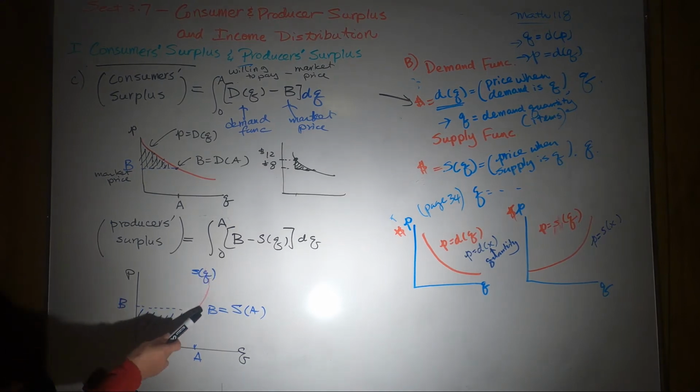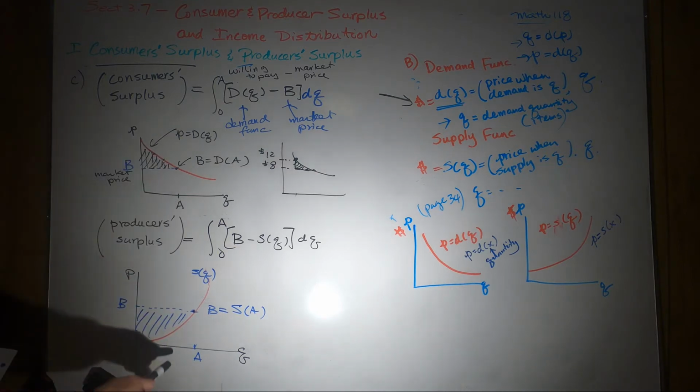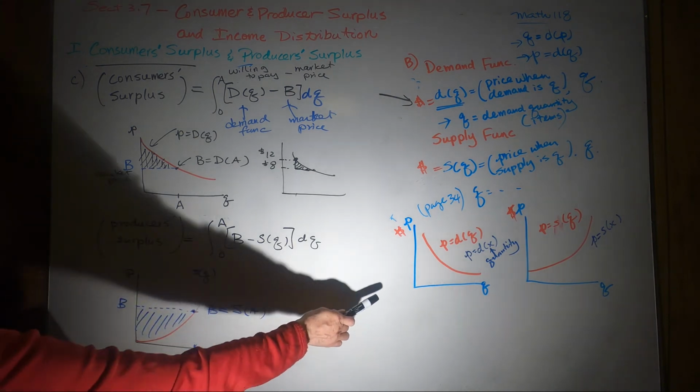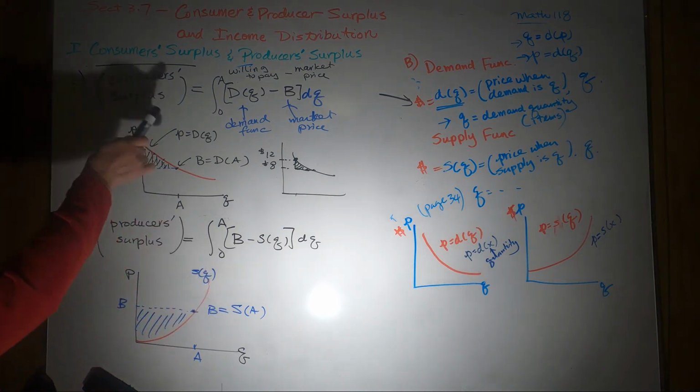Because they sell more at a higher price, then the market is saturated, then they don't have surplus anymore. So that is how it looks according to what we have with demand functions and supply functions. That's how we calculate.